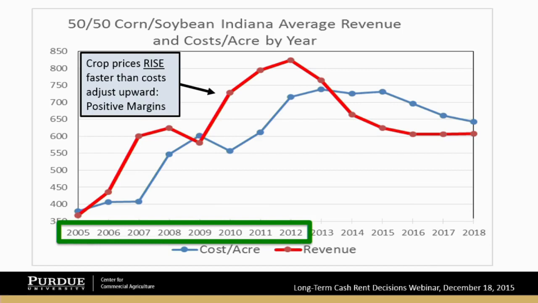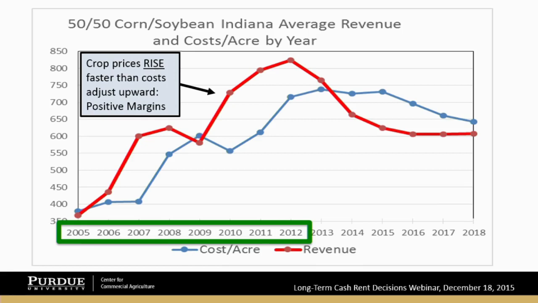From 2005, 2006 up through 2012, we were in a very profitable environment in agriculture, with crop prices rising faster than cost, very positive margins. Those positive margins had a little bit of a downside, because that's what actually contributed to the very high cash rental rates we're currently trying to deal with today.